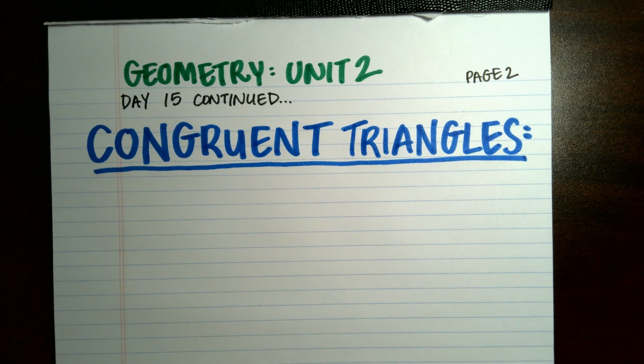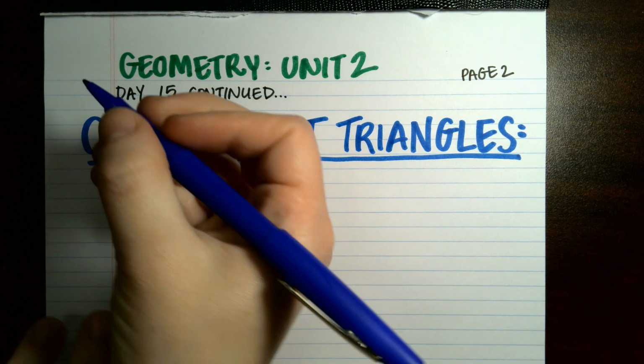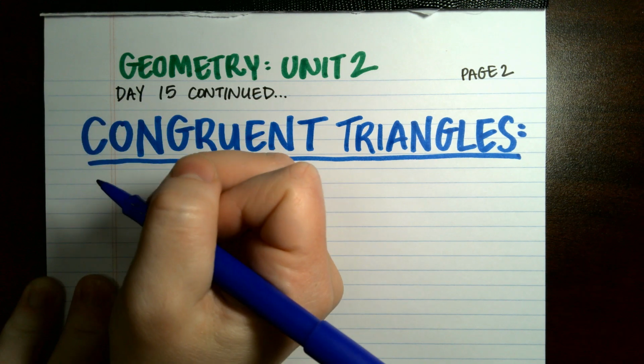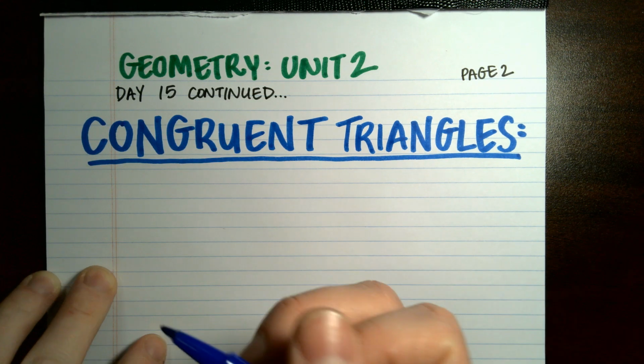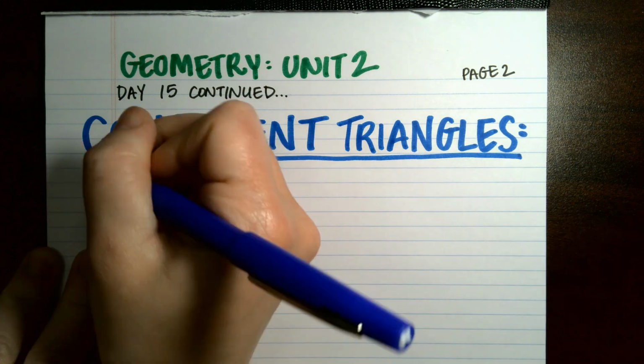So we're going to talk about a few different types of congruence whenever we finish here. But basically what it means for two triangles to be congruent to each other means that they have all the same angles and all the same side lengths in the same order and orientation.